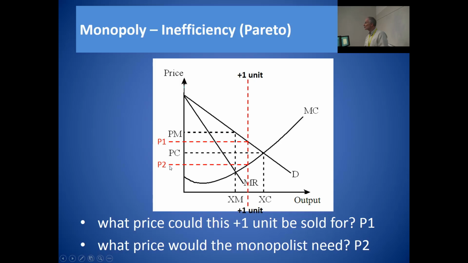It's P2. So, if the monopolist produces one extra unit of output, it could produce it for a cost of P2, but customers would be willing to pay a price for that unit of P1.